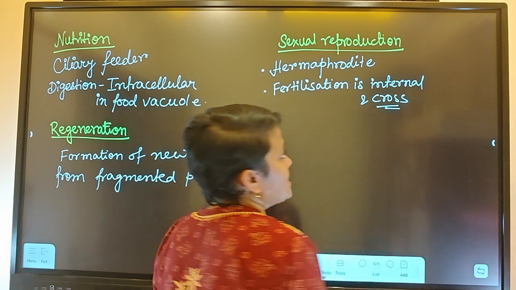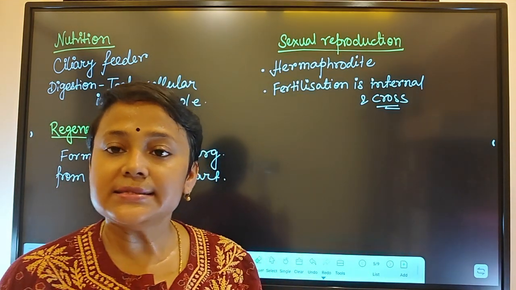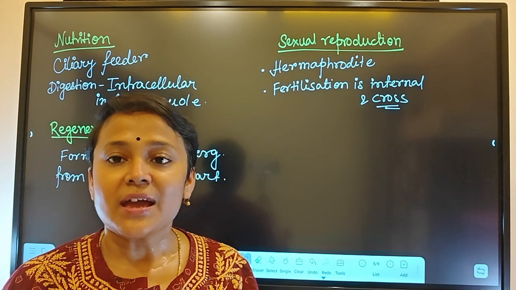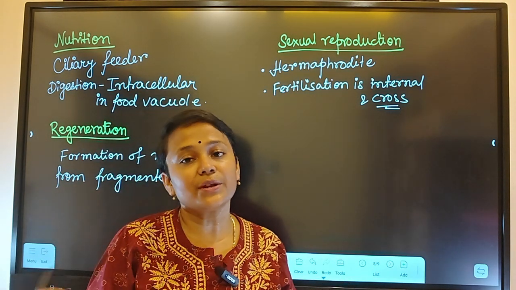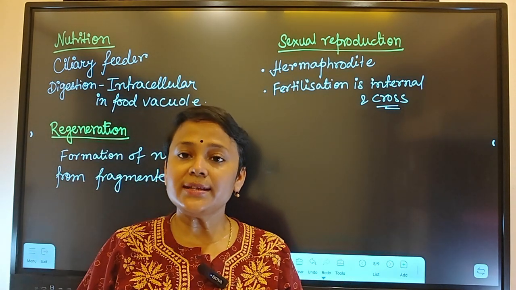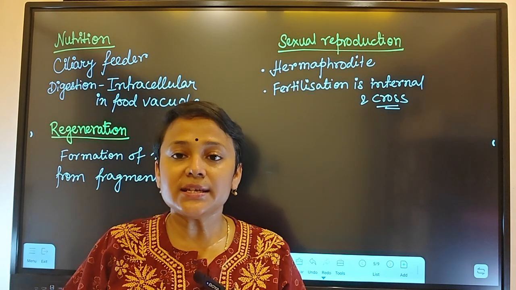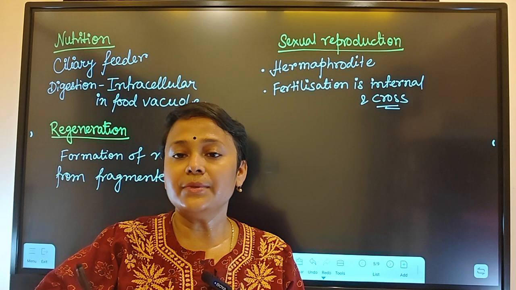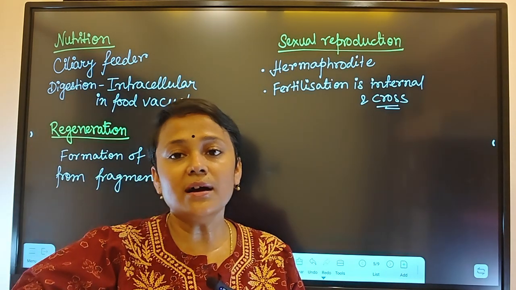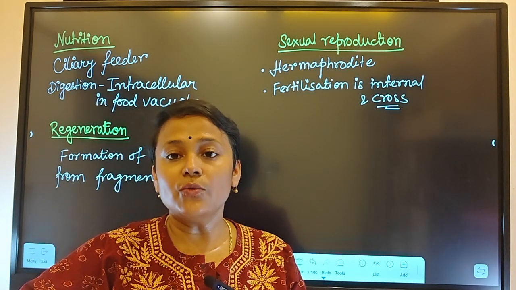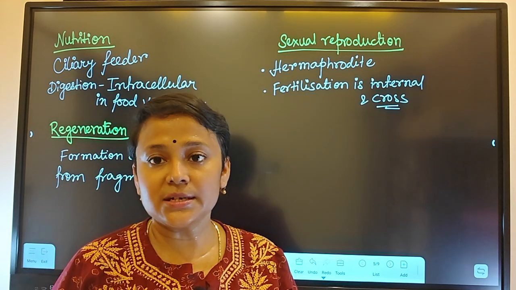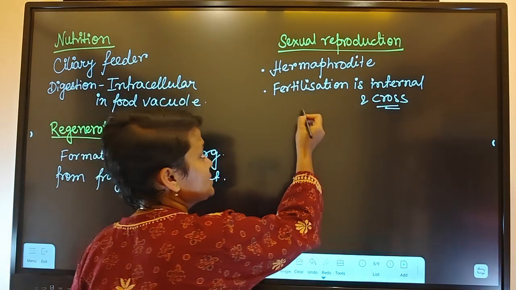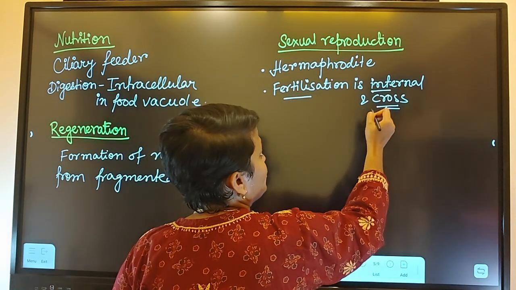The fertilization occurs inside the body. Although one organism can produce sperm and ovum, don't think fertilization happens within a single organism. One sponge produces sperm and fertilizes the ova of another sponge. That is called cross fertilization. So fertilization is internal and cross.